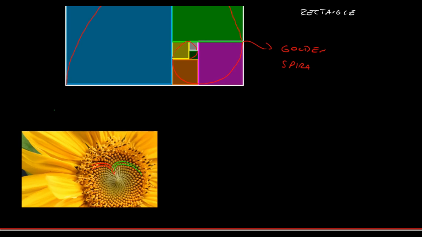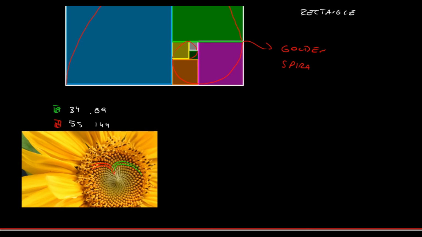And the interesting thing about this is that when we count the amount of spirals we have in the sunflower, we find sometimes that the ones in the green direction are 34 and the red direction 55. And in some bigger sunflowers we can find 89 and 144.